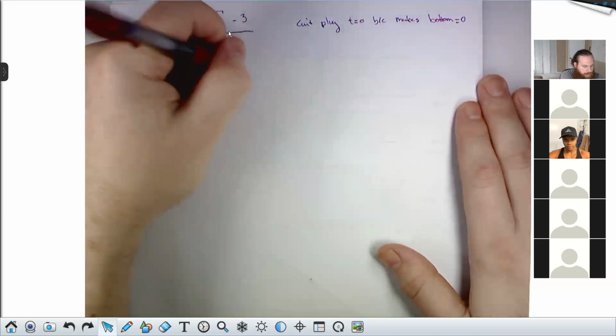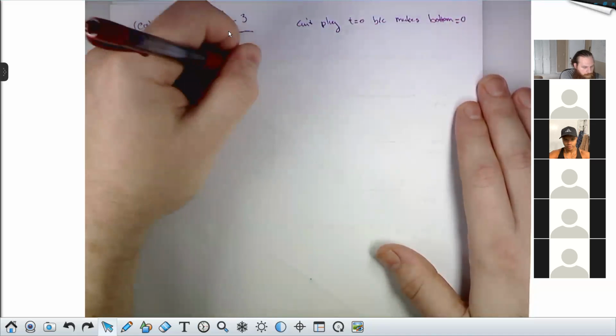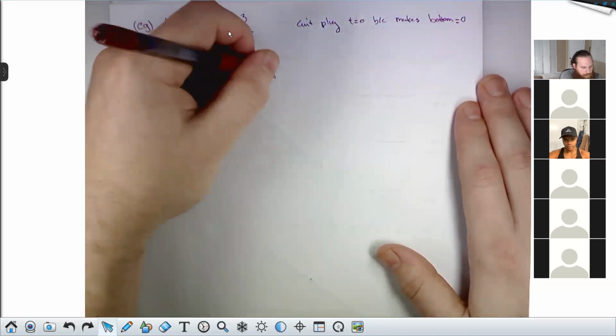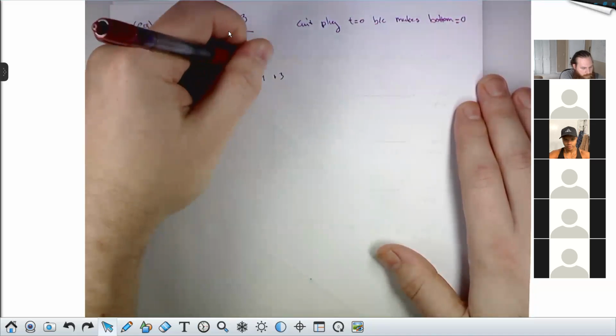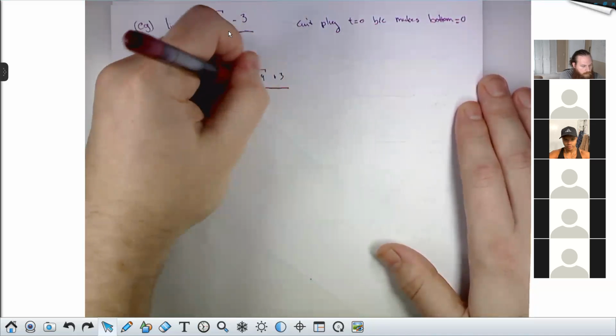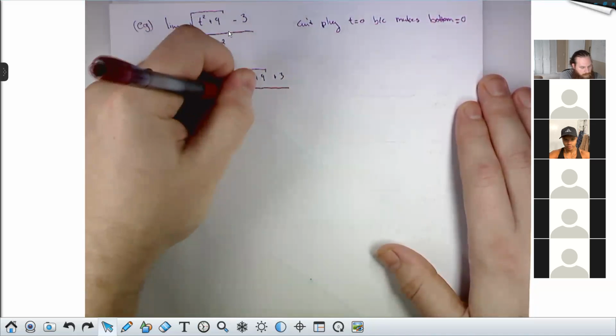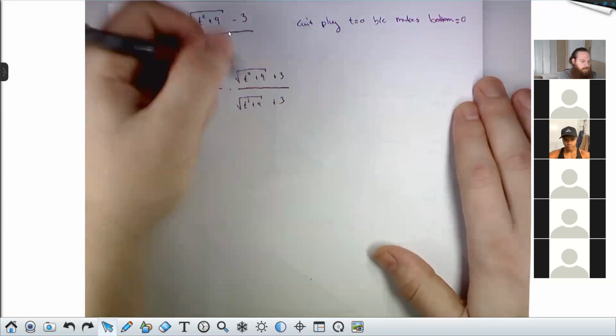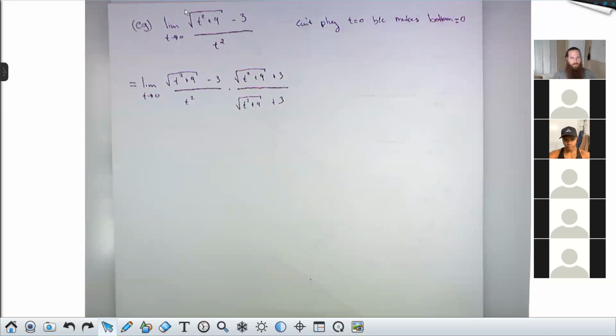but I'm going to multiply by t squared plus 9 under the square root plus 3 over t squared plus 9 under the square root plus 3, like this. Notice that this whole thing that I'm slapping on here is equal to 1.